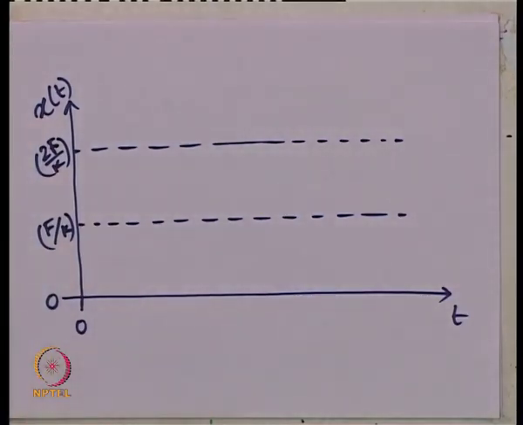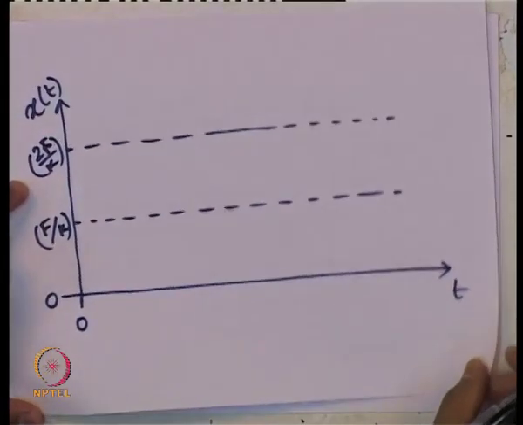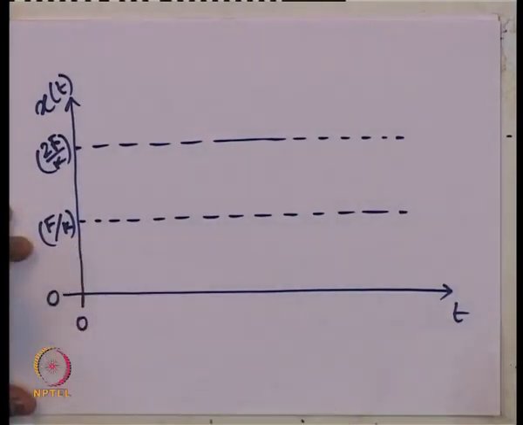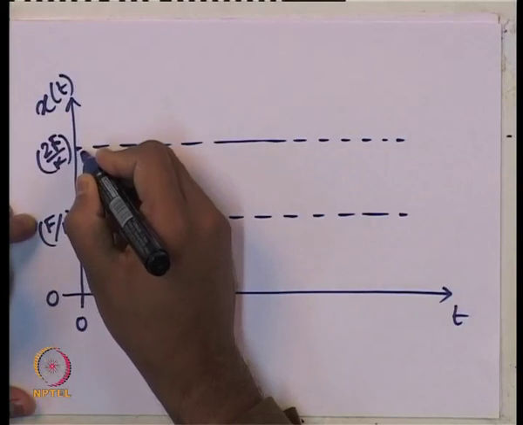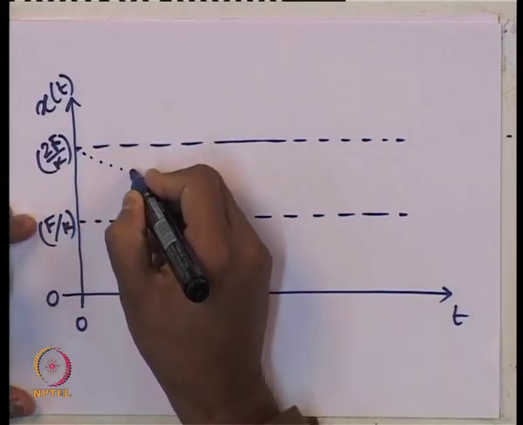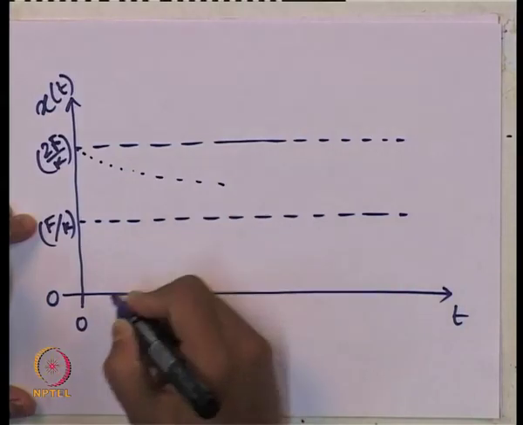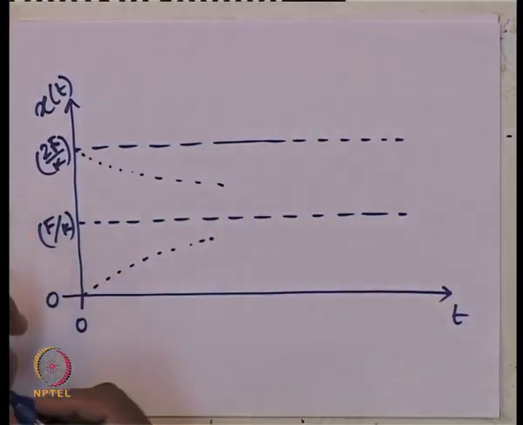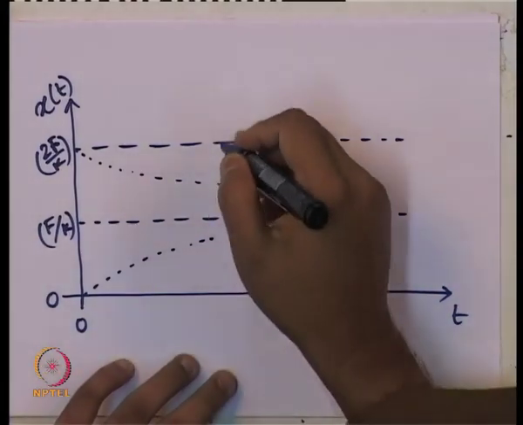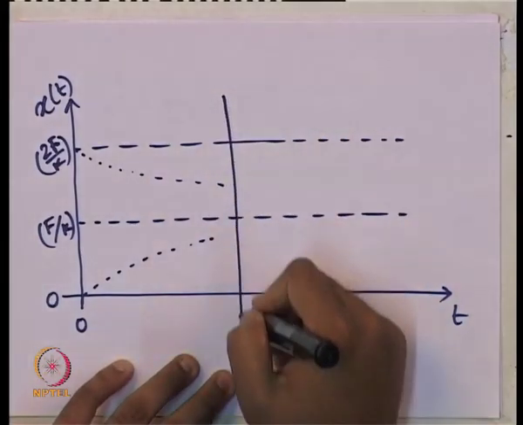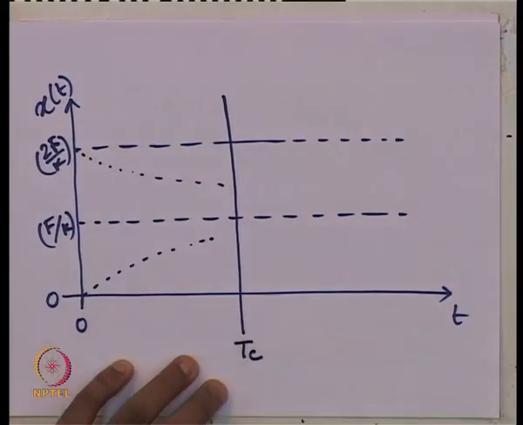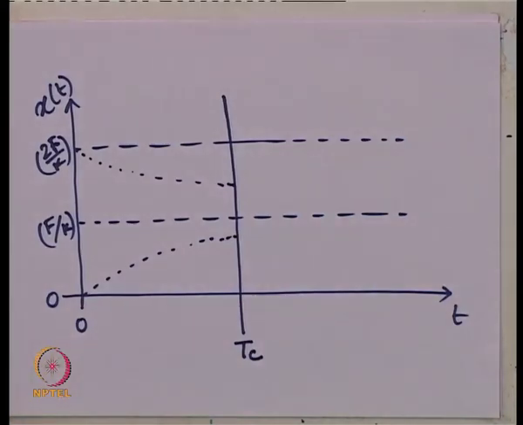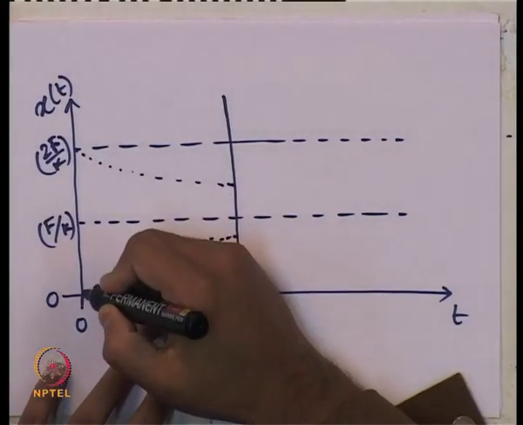Initially, what we have seen, it will oscillate about this static displacement till the time T c. So, let us draw the exponential decay. Let us say this is our time T c.